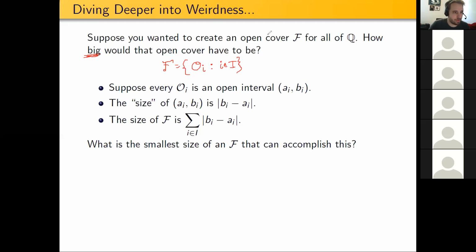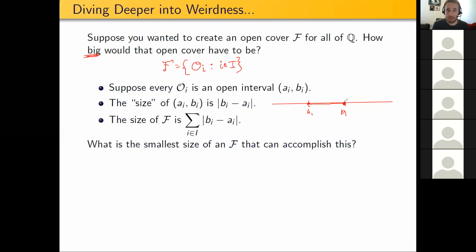To be really crystal clear, if this is the point a sub 1, and this is the point b sub 1, then the absolute value of b sub 1 minus a sub 1 is just this length right here. I'm literally just measuring the length of my open interval, and that's the size, quote unquote, of that open interval.